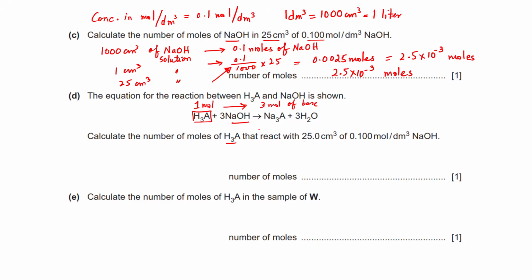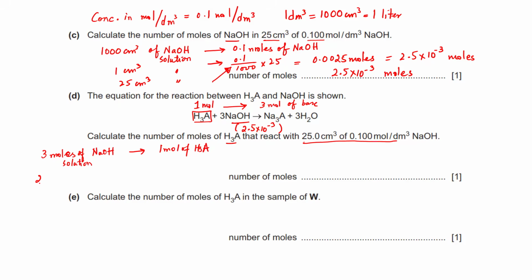And the number of moles taking part in the reaction are 2.5 times 10 to the power minus 3. These are the number of moles of sodium hydroxide that are available with us. So for these number of moles, how many moles of this? Just simply write 3 moles of sodium hydroxide solution requires 1 mole of H3A.